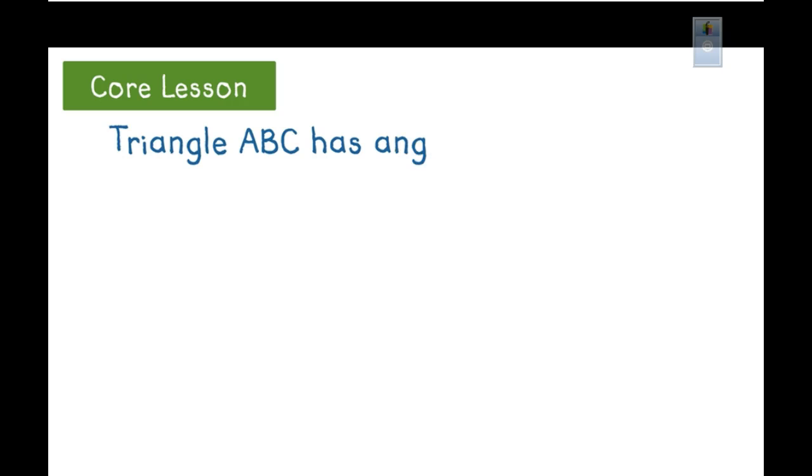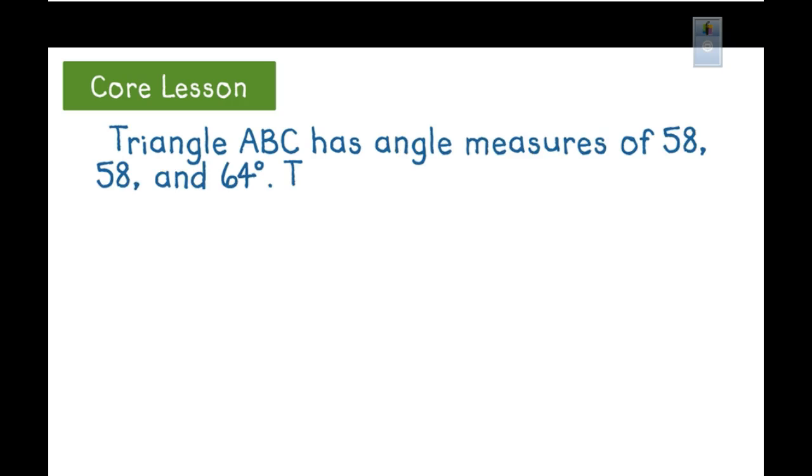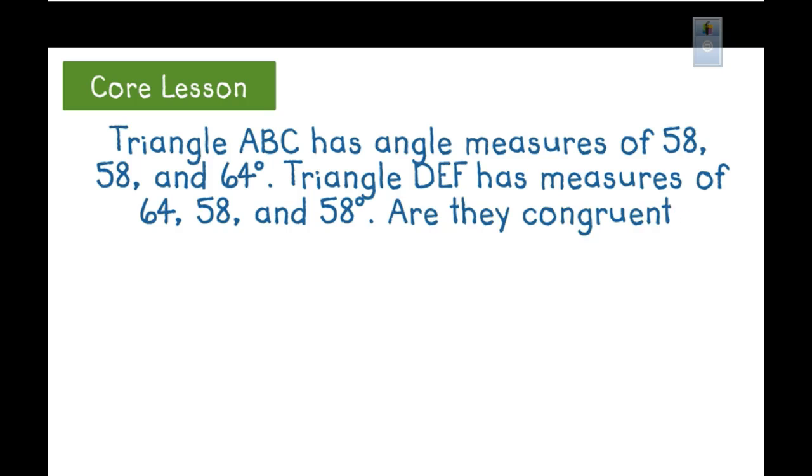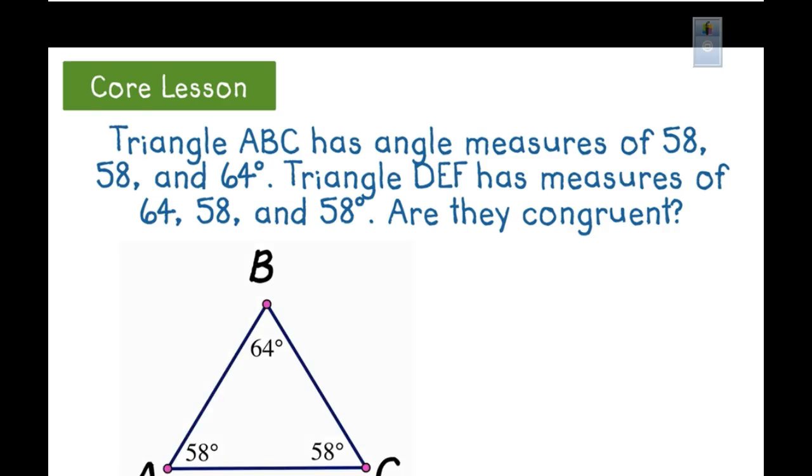Let's try a word problem now. Triangle ABC has angle measures of 58, 58, and 64 degrees. Triangle DEF has measures of 64, 58, and 58 degrees. Are they congruent? Here is what triangle ABC might look like, and here's how triangle DEF might look.